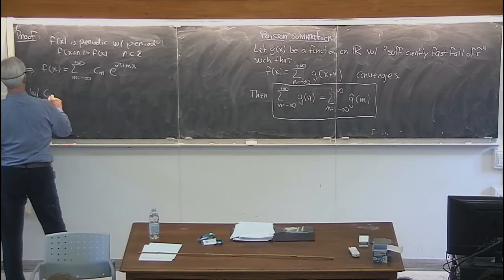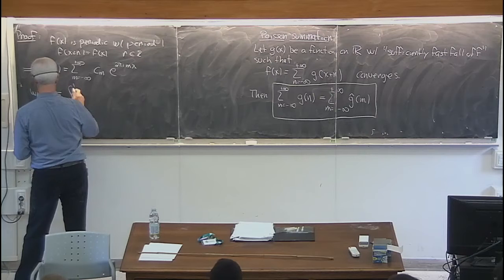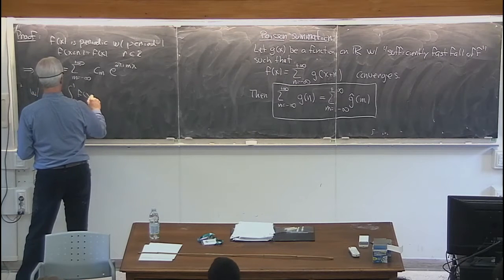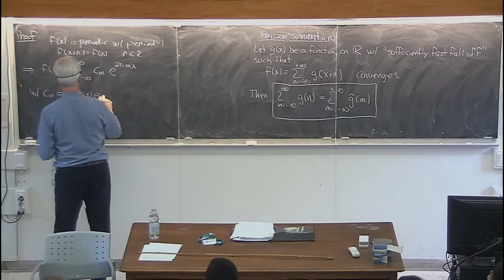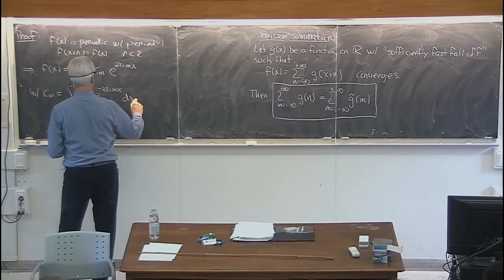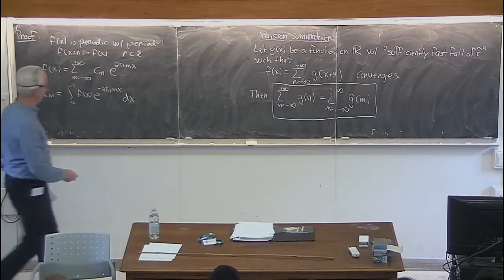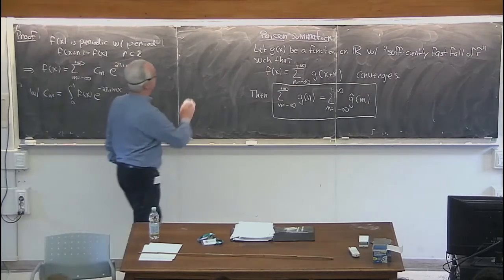And by the usual way that Fourier analysis works, the coefficients are given by this integral, which you can see by just plugging this in and then using the standard delta function orthogonality relations for the exponentials.